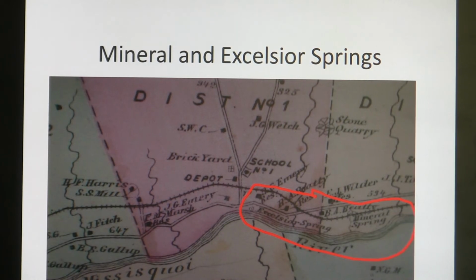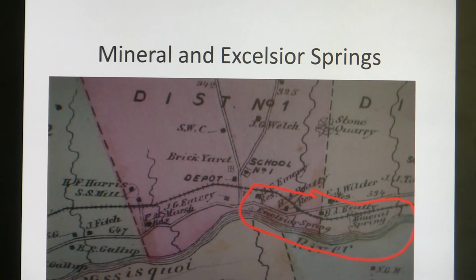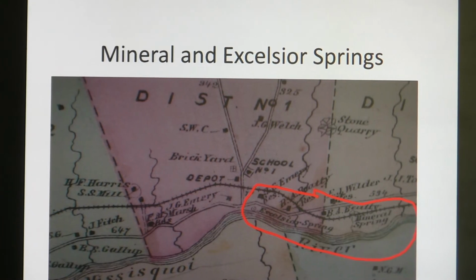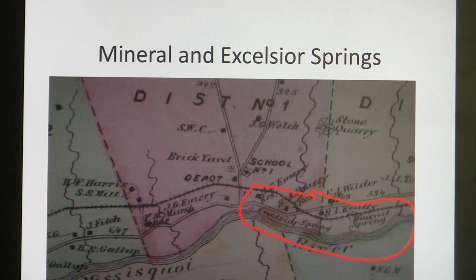The conjecture is that when the old plank road running from North Sheldon as a dirt and mud road was finally covered over, paved, and so forth, it was moved a little closer to the river, and indeed paved right directly over what would be those two springs, and so therefore they have disappeared.